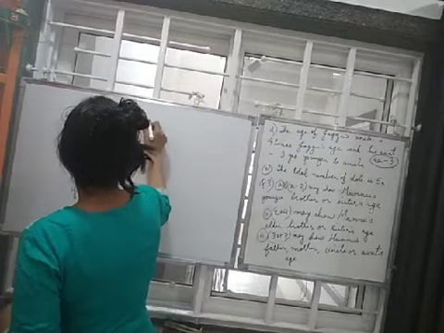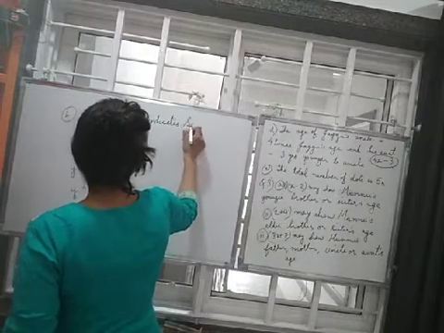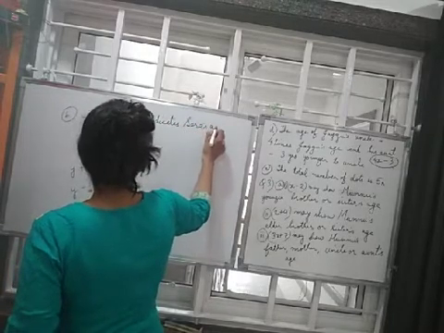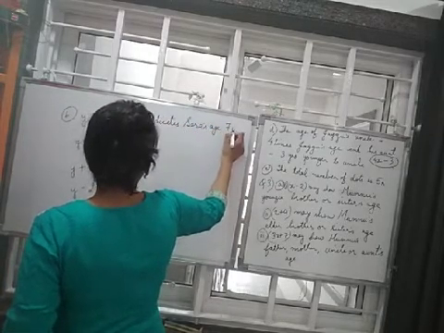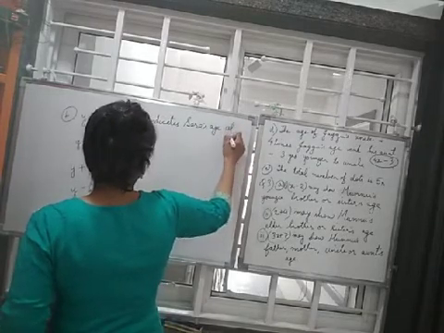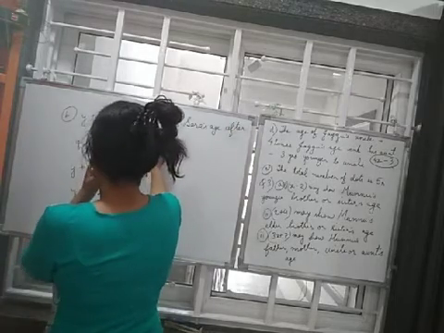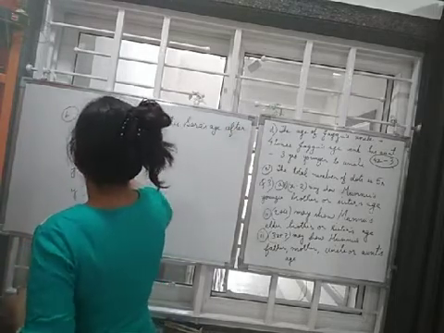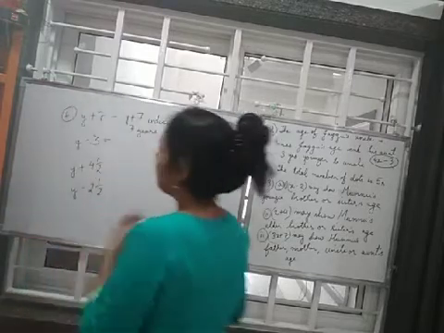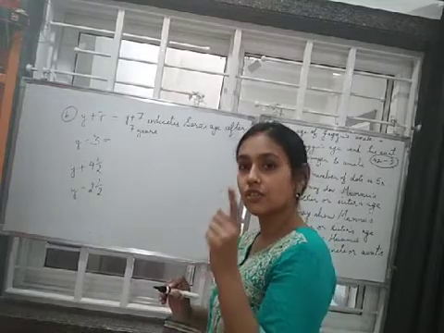Y plus 7 indicates Sarah's age after 7 years. Then Y minus 3. Y minus 3 indicates Sarah's age 3 years ago.